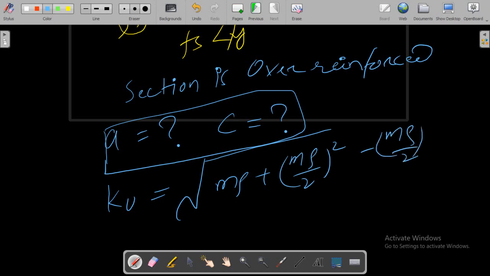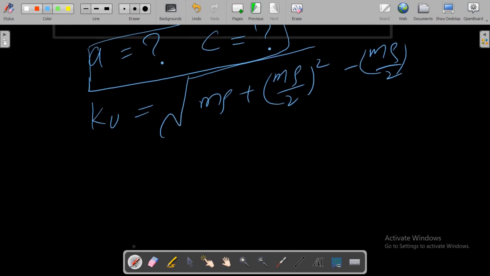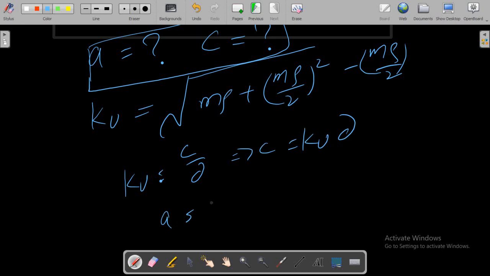I have already discussed what m and rho are. From the value of Ku, we know Ku equals c divided by d, and from this c equals Ku times d. We will calculate c, and from c we will calculate a. The value of a, we know, is beta 1 times c.